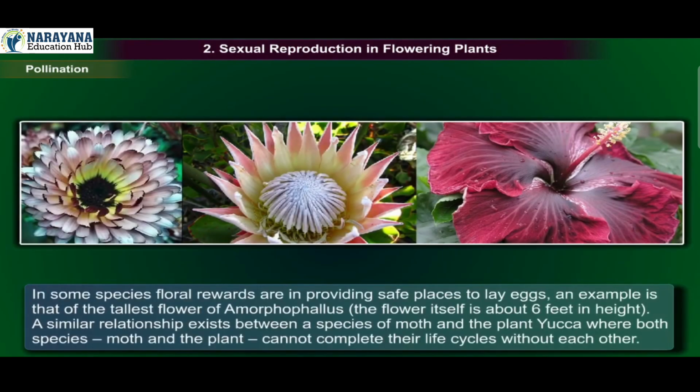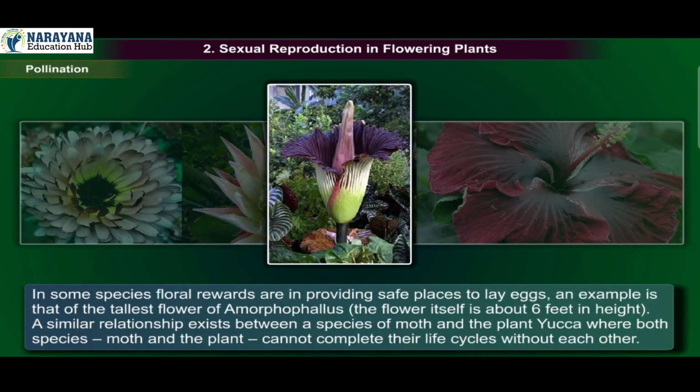In some species, floral rewards are in providing safe places to lay eggs. An example is that of the tallest flower of Amorphophallus, that is, the flower itself is about 6 feet in height.